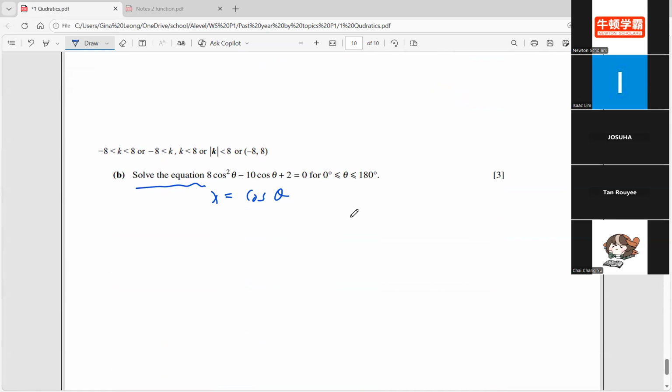So you can get it from your A actually. Your A equation is 8x squared minus 10x plus 2 equal to 0. So I can simplify, it becomes like this.